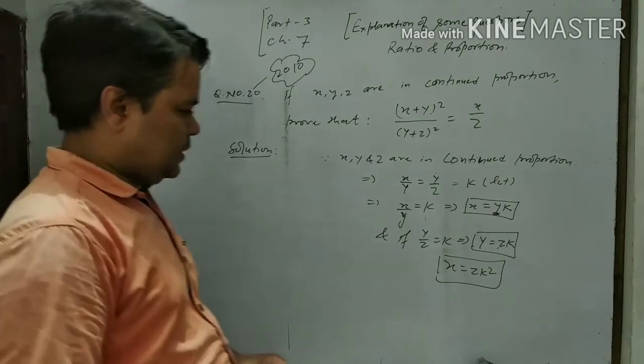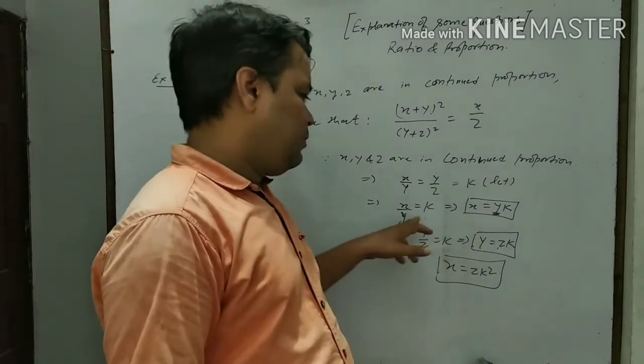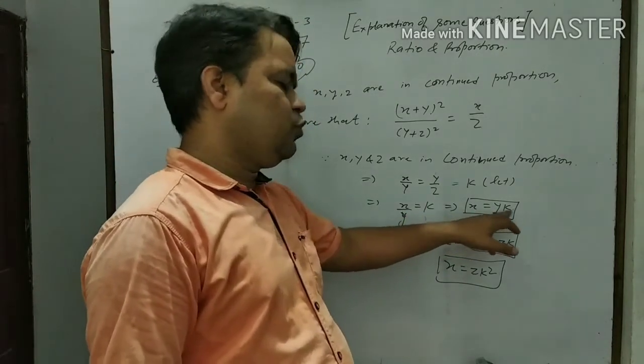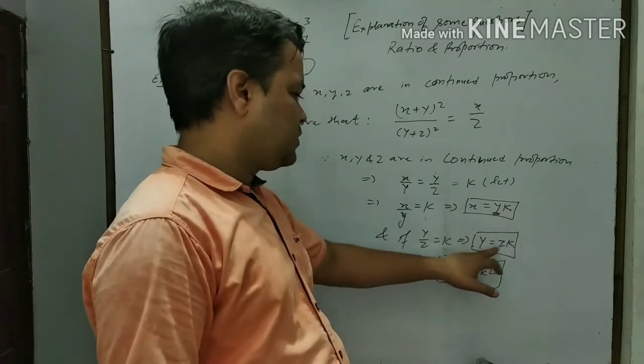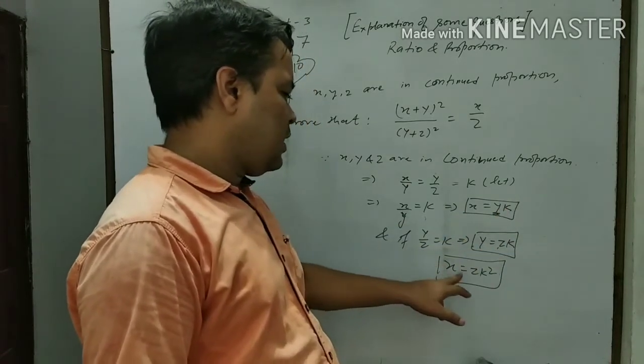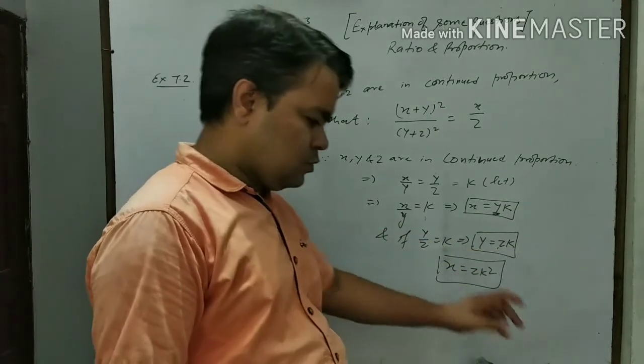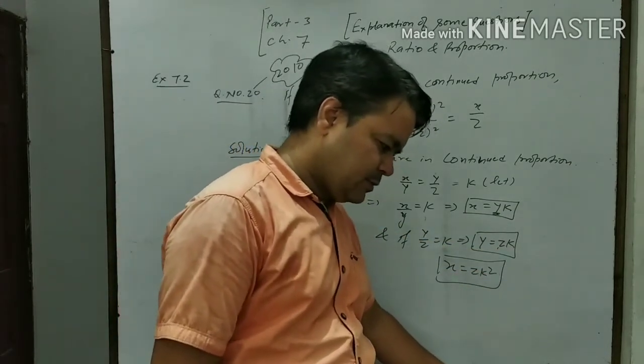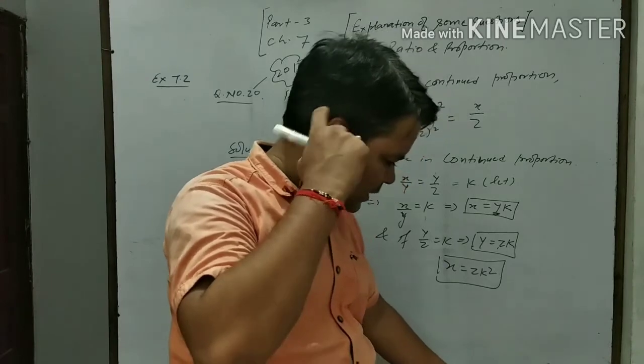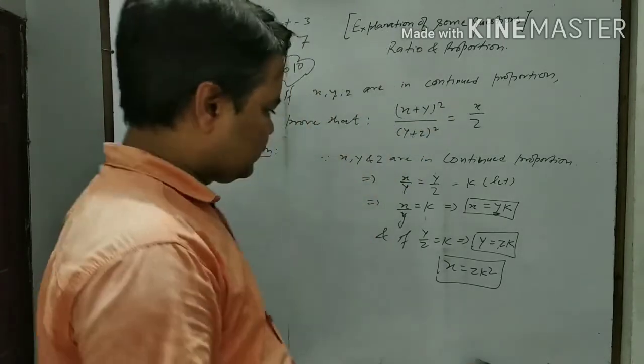So if we follow this condition, x is equal to yk, y is equal to zk, and with these two equations we can write x is equal to zk square.